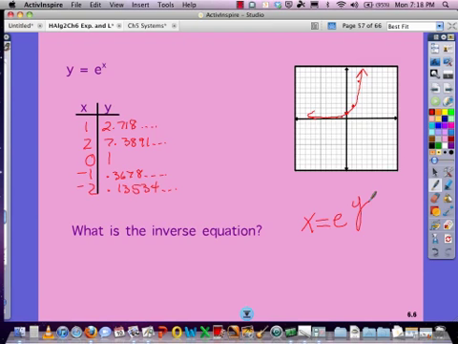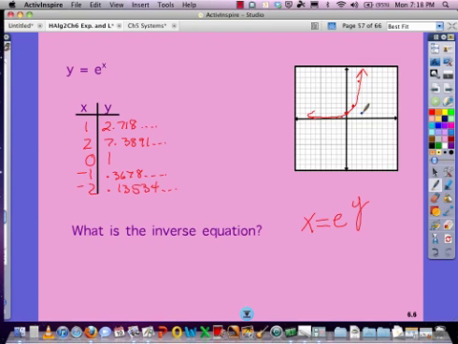So if we were to do the inverse of that, we'd be taking all those points that we have over there and graphing them in the y-x combination. So if I did 2.7-ish, that'd be only a 1. 2.718-ish on the x would be a 1 on the y, so I'd be about in there.